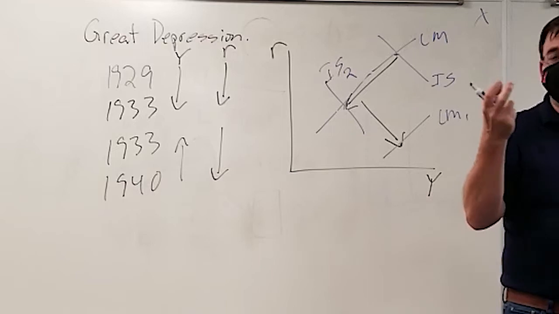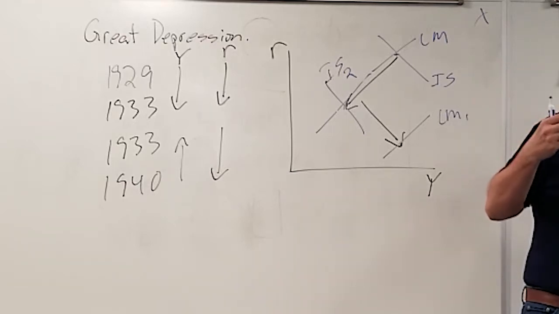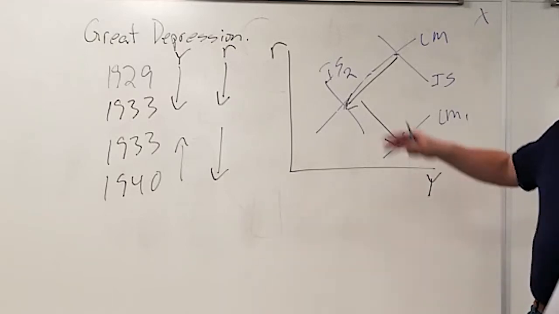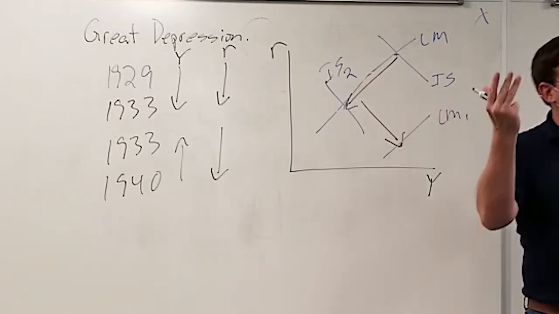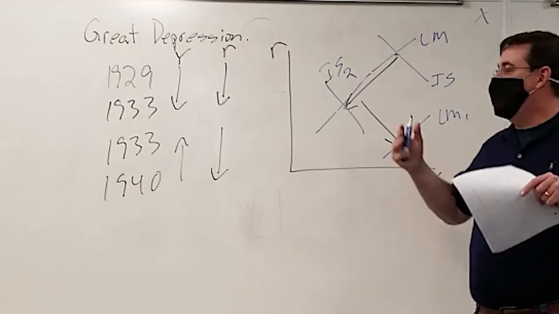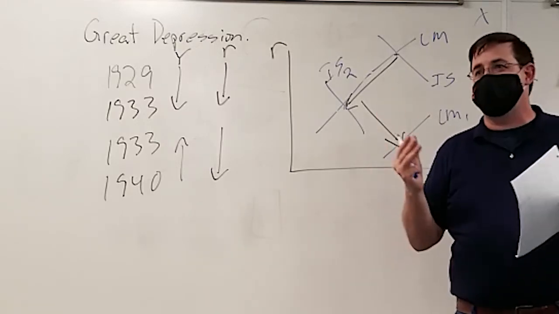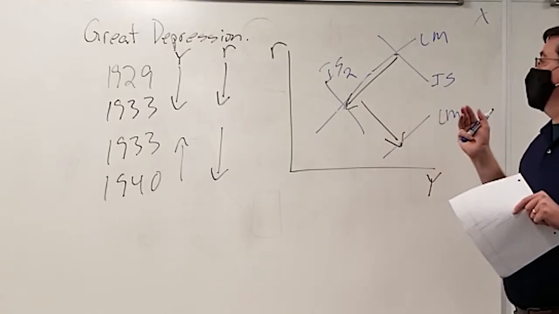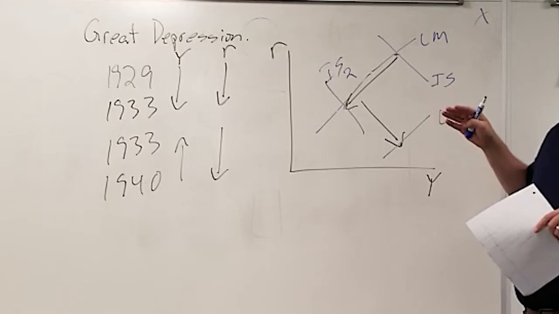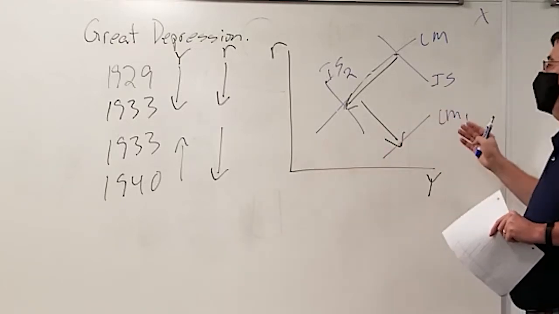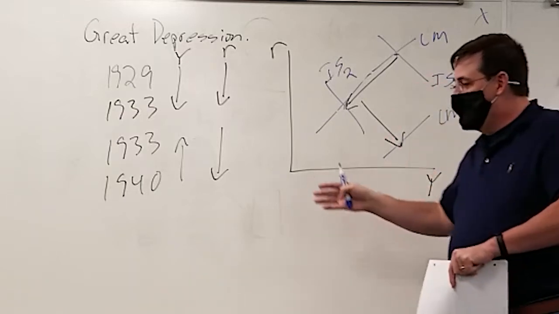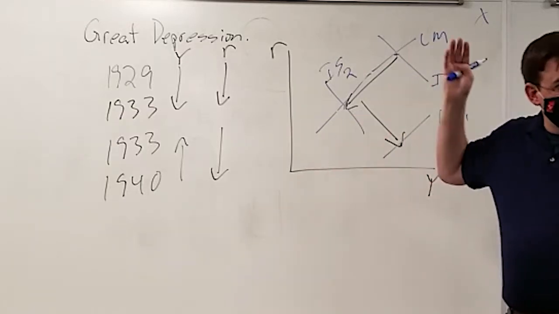Not that they are conservatives, but they're trying to be conservative in their attitudes and behavior. We're not in a war anymore. We were in a boom, so we can raise taxes and cut government spending, constrain the size of government, and try to get our budget balanced again. That was their idea. And so at the same time, when Keynes would have recommended that the government increase its spending, the government is actually decreasing its spending. At the same time, when Keynes would have recommended to cut taxes, the government is increasing the tax rate.